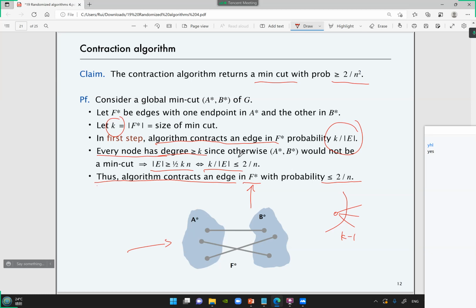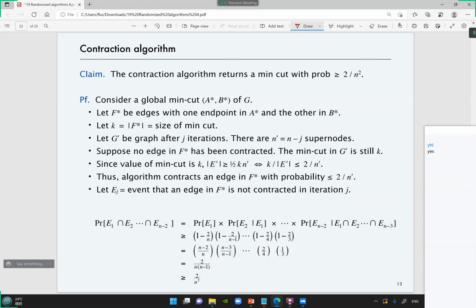But that's only for the first step. So what about these other steps? Now let's look at the probability of contracting a min-cut edge as you progress with the algorithm. The problem is that as you go on, you have fewer and fewer edges in your graph, because you keep contracting things and that removes edges.